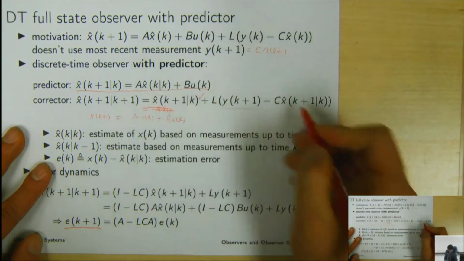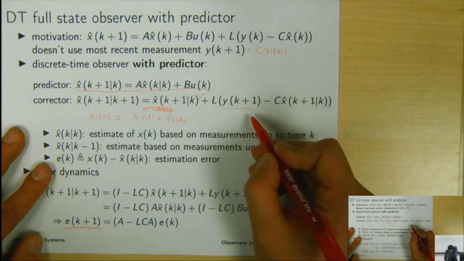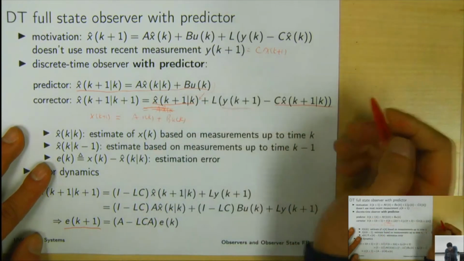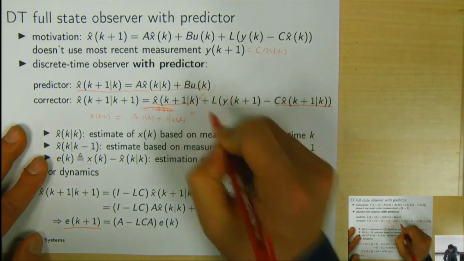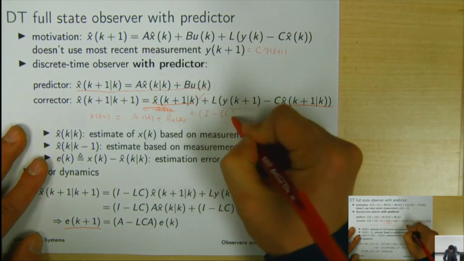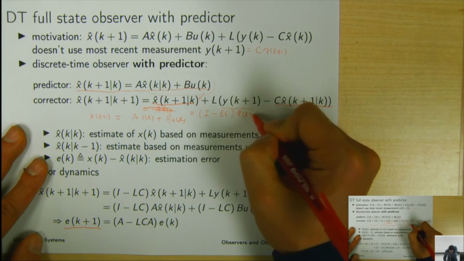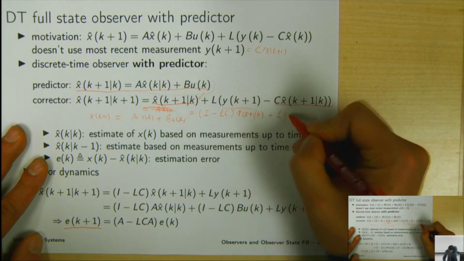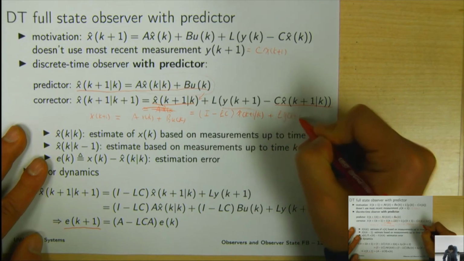Let's do it in this way actually. So let's combine this term and this term first to get I minus LC x hat k plus 1 given k, and then plus L y k plus 1.